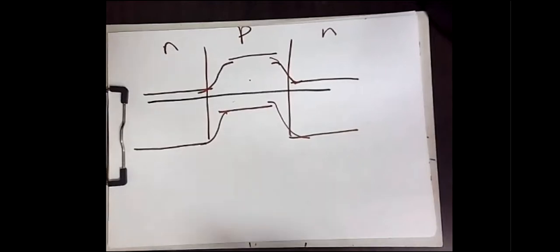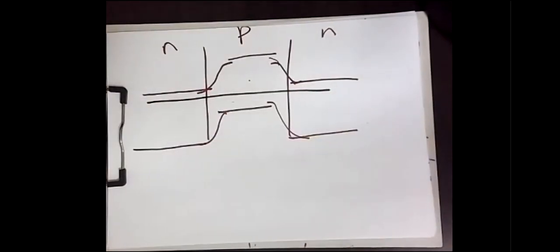Now, do we have a continuous carrier flow due to this NPN junction? What do you mean by carrier flow?